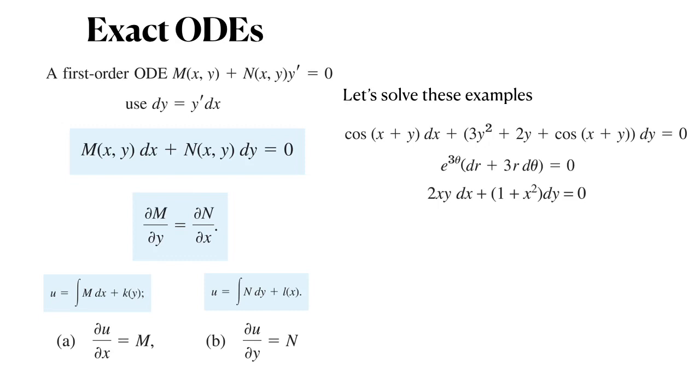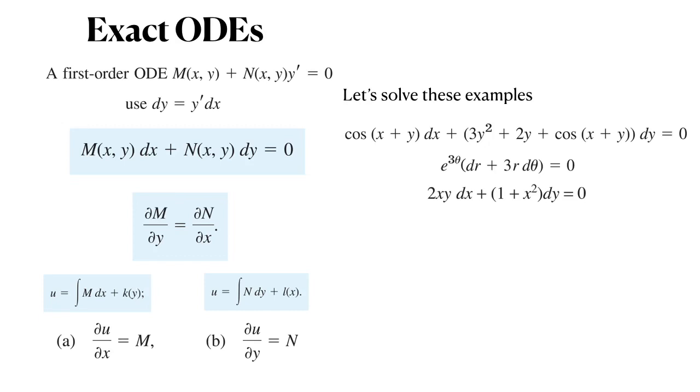A first order ODE then is having this form. A function M of x and y plus another function N of x and y, y prime is equal to 0.